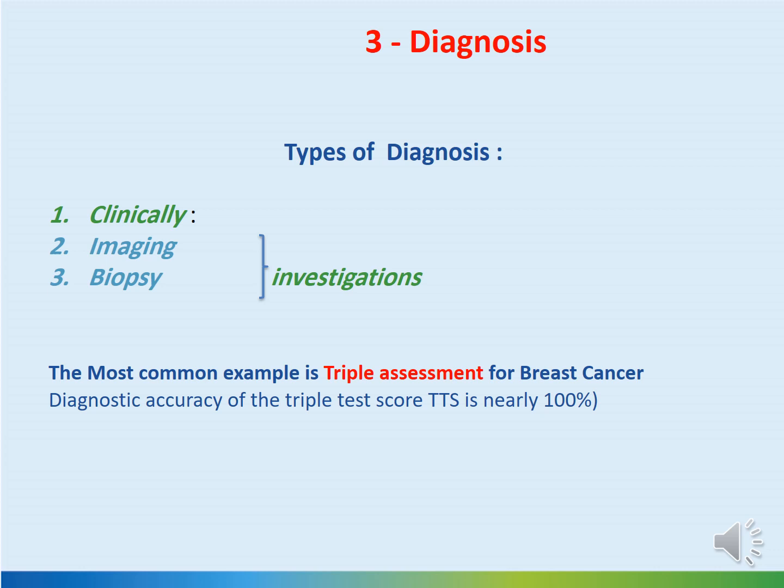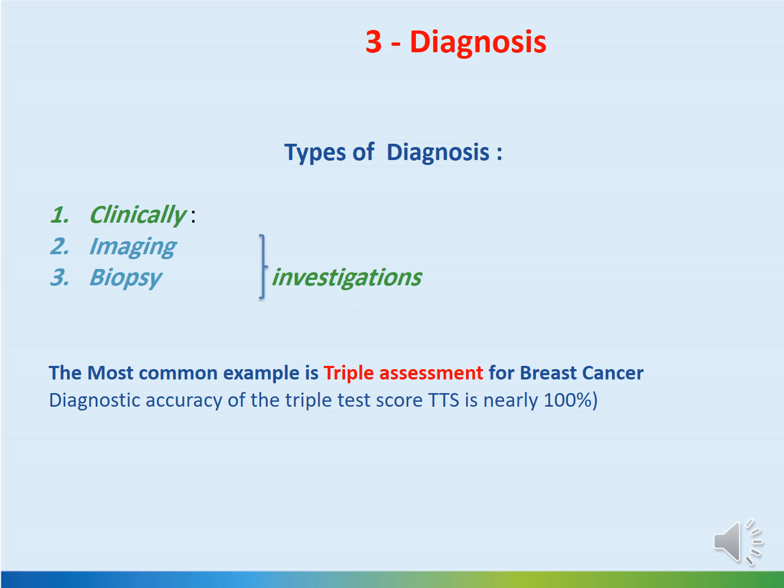Clinical examination is the first and most important step, in which we can suspect that a patient has a lesion that could be a cancer. Then, by some imaging, we see the difference between one cancer and another, and we confirm the diagnosis by doing the biopsy. The most common example of these three diagnostic tools is what we call the triple assessment for breast cancer.